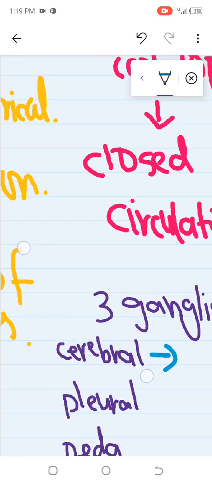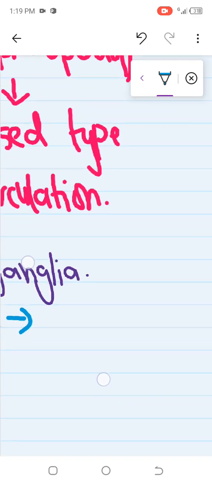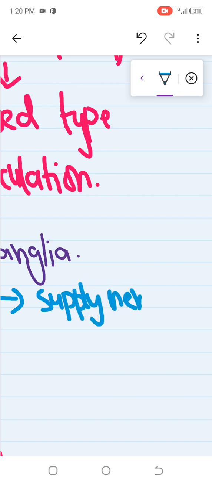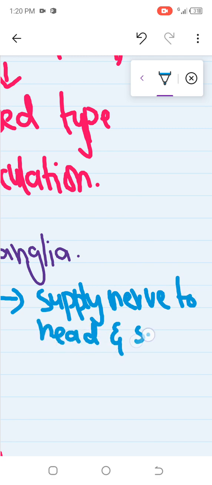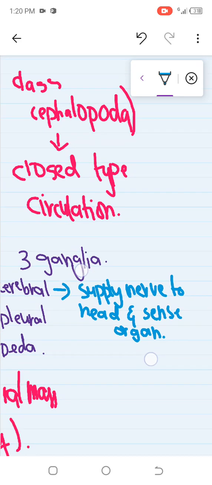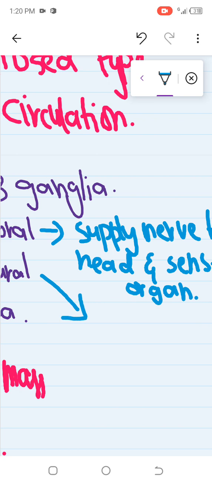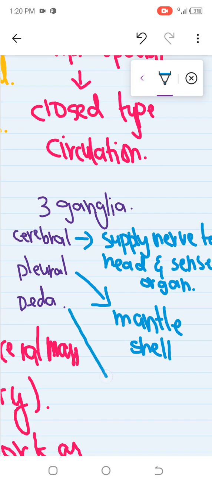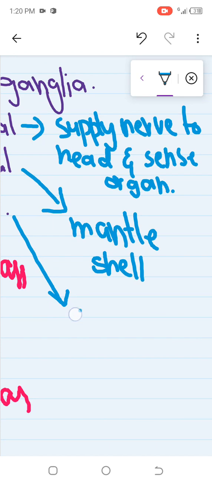Cerebral ganglia supply nerves to the head and sense organs. Pleural ganglia supply nerves to the mantle, which is the heart covering and shell. Pedal ganglia supply nerves to the foot.